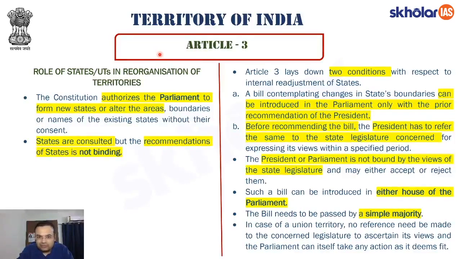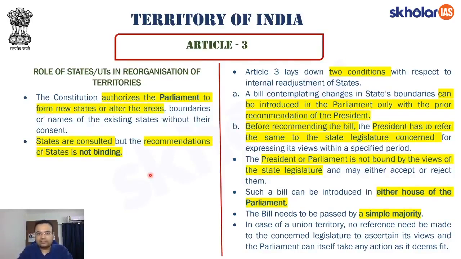Essentially, Parliament does not require the consent of the state legislature of that state, but consultation of that state is necessary. There has to be a way in which you are able to consult the state. That procedure is also there. But the point you need to keep in mind is that the recommendation of the state, whatever it may be, is not binding on the Union, on Parliament. So let me again explain what exactly I am trying to say.